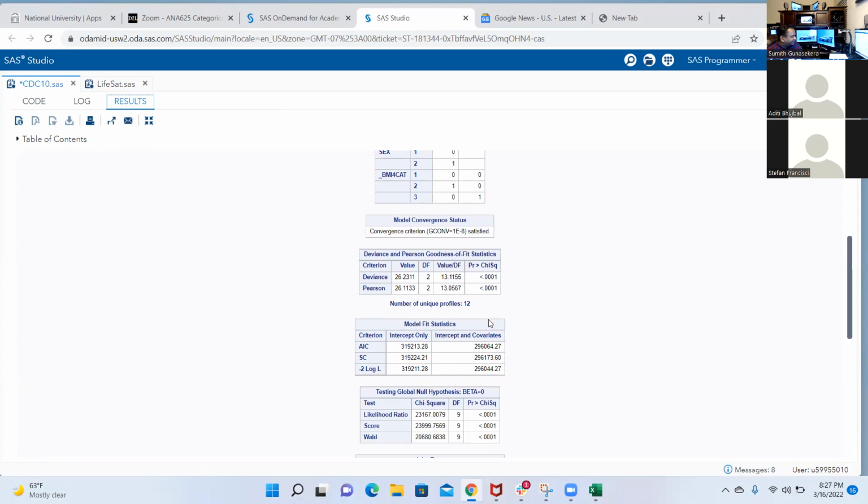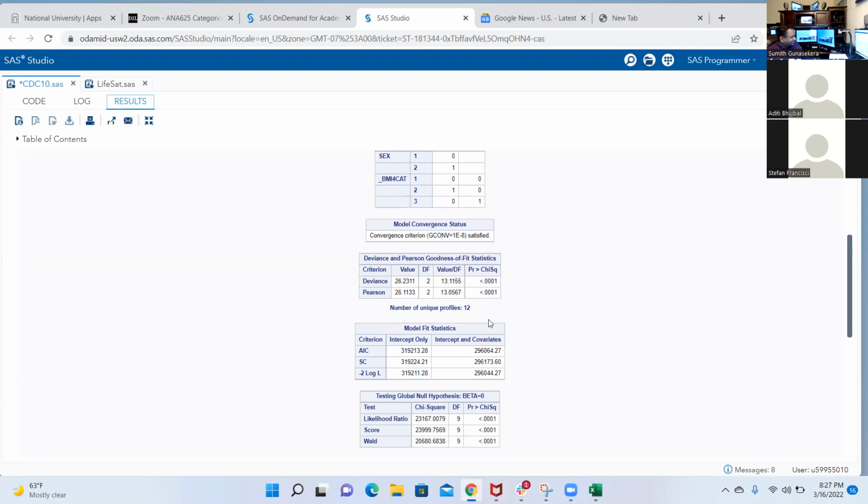Okay, where is this deviance coming from? How do you get the 26? It should be consistent here. So this is the model using interaction terms, exercise, and what are the interaction terms here, Stephen?